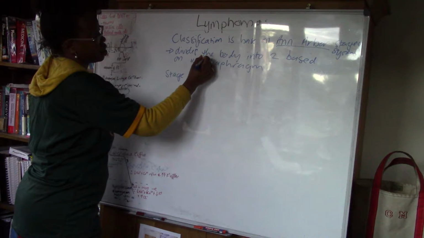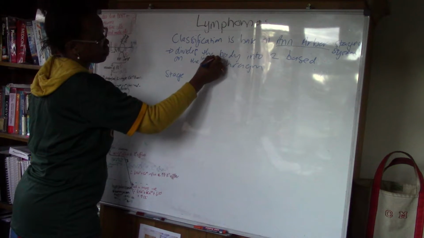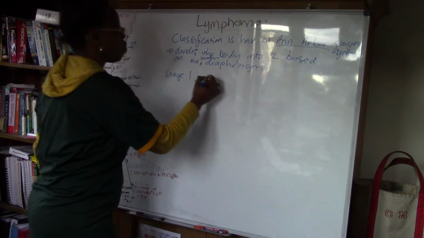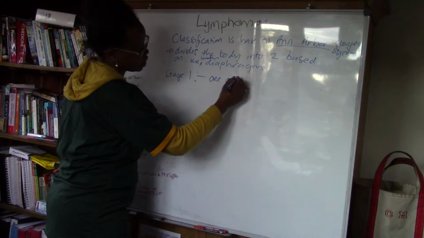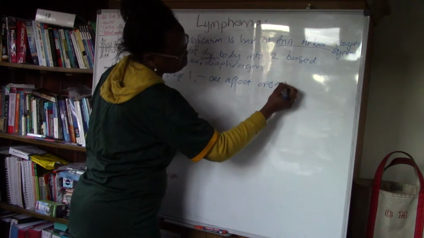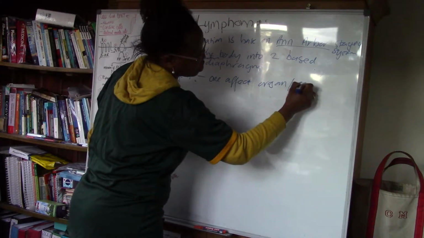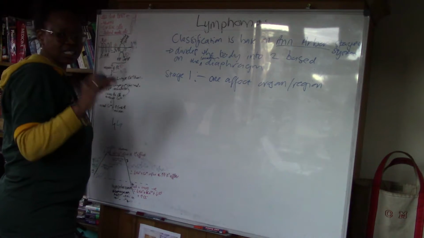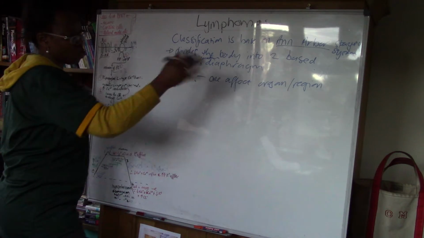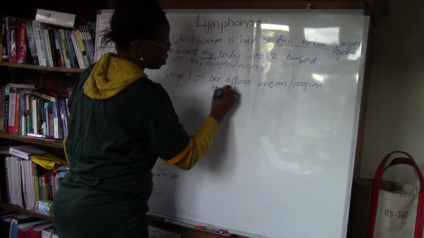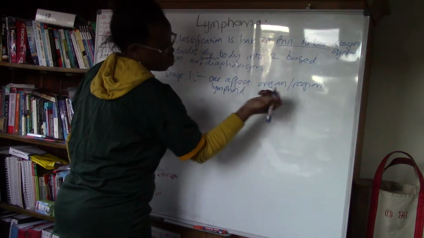Stage 1 is just having one affected organ or region, obviously a lymphoid organ or lymph node.